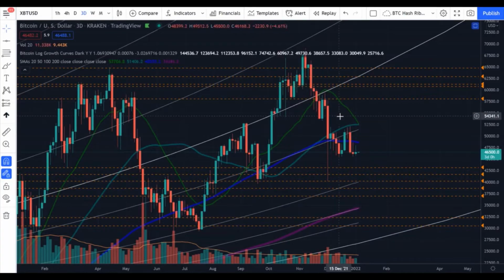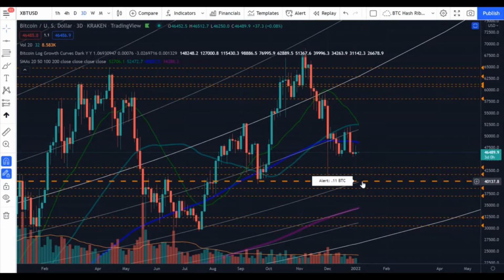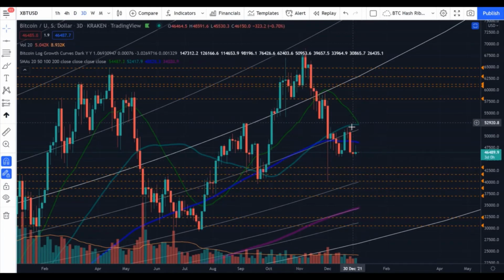So let me get back to that chart, because this is also the log growth chart, which we've been looking at, and that has not changed. It's still in between these two resistance and this support area here. And then we've got the SMAs to look at, and here's something that I noticed: the 20-day is crossing over the 50-day, which is a death cross.